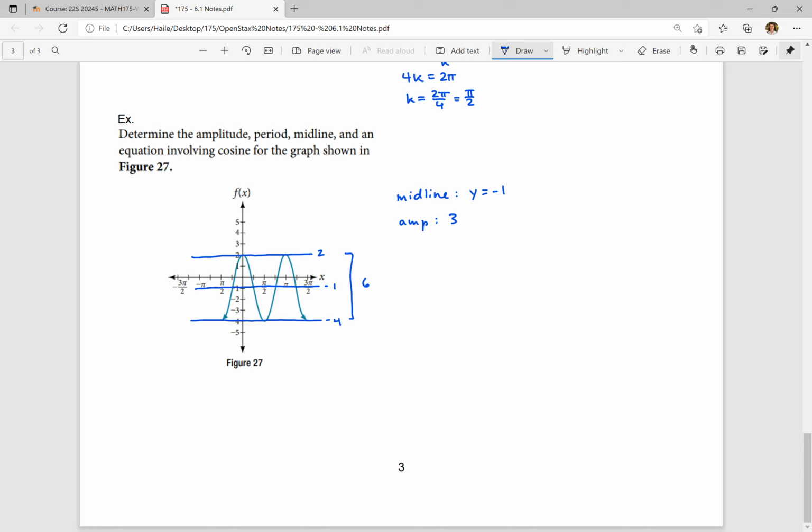And then finally, we can find the period by considering that horizontal width again. Let's start by drawing a line at 0 and asking ourselves, where does the graph start to repeat itself? We started at the top, so we want to see where it reaches the top again. That's going to be at pi. So this is the box that we're looking at.